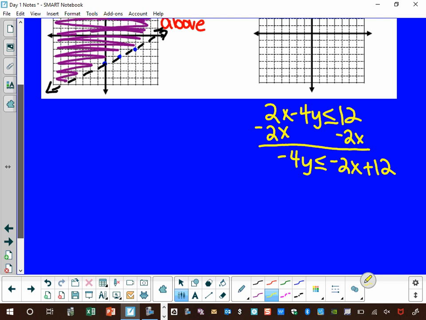Okay, now how do I solve for y? Divide by negative 4 on both sides. What happens when I divide by a negative? You flip the sign. So let's go ahead and flip that sign. And I'm going to break this up. What's negative 2 divided by negative 4?